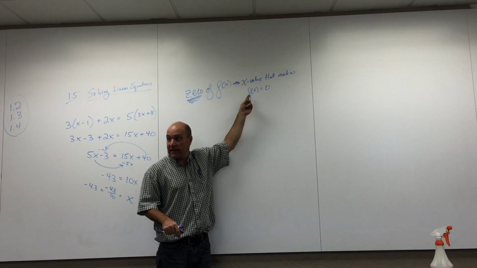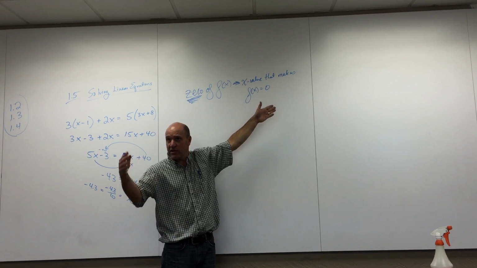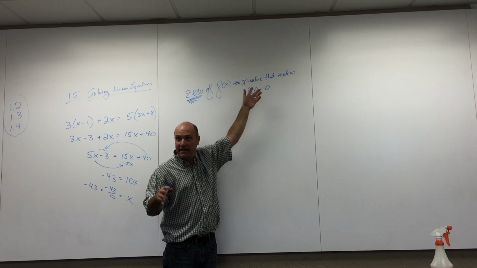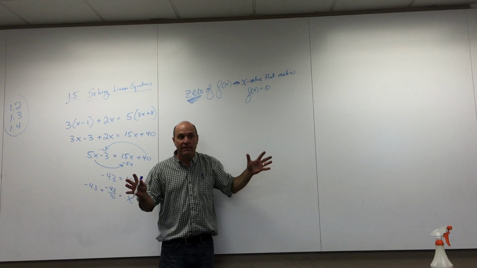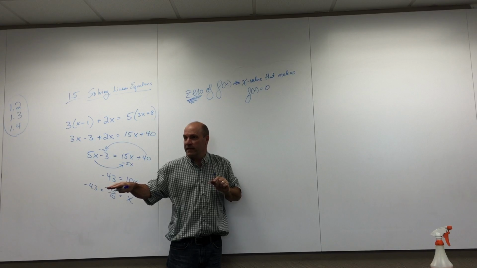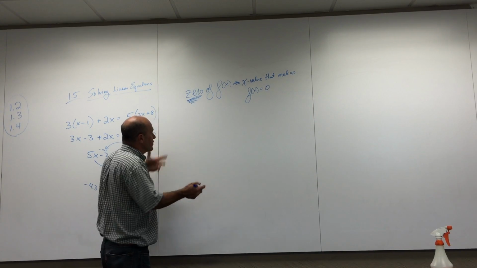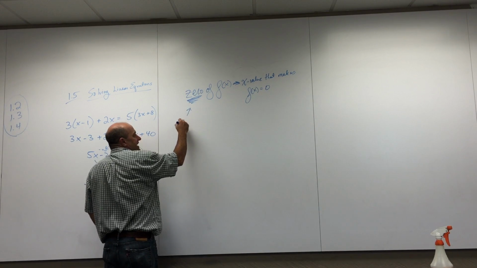I can call that y, can't I? It's f of x. So when y is equal to 0 and we're looking for an x, that's an X-Intercept. So that's what this is. The zero of a function could be interpreted as the X-Intercept.